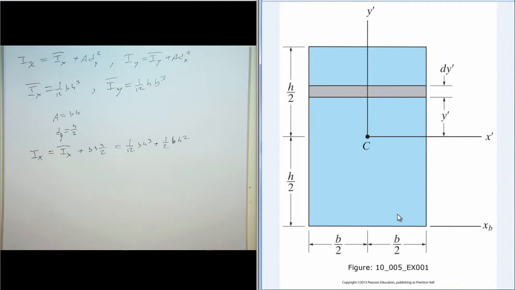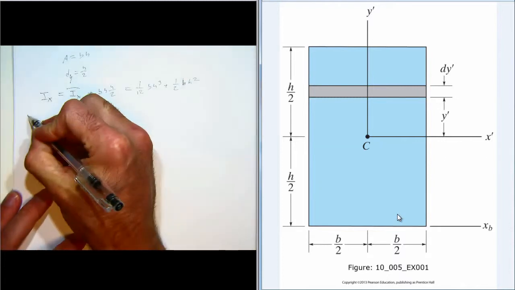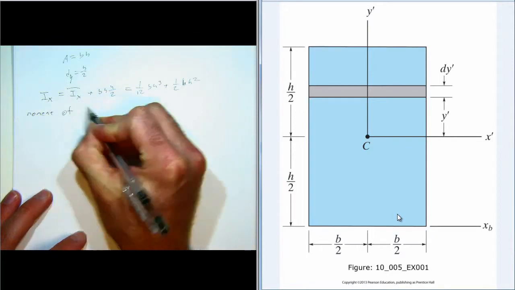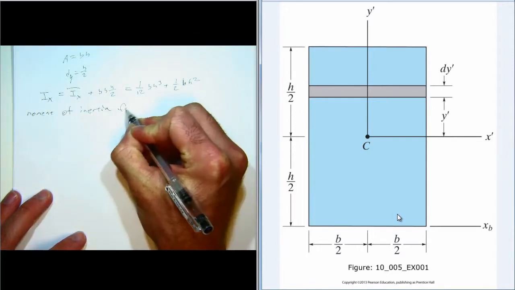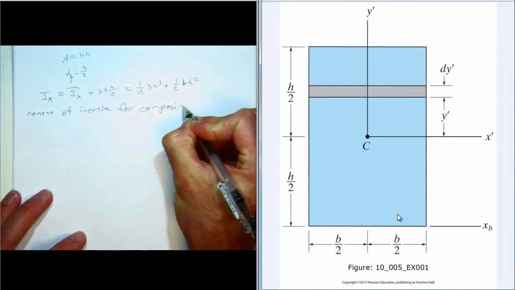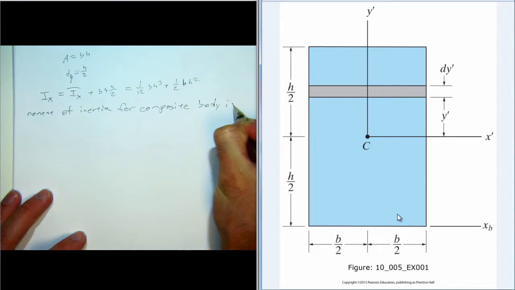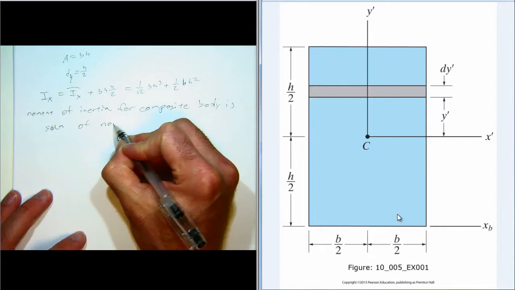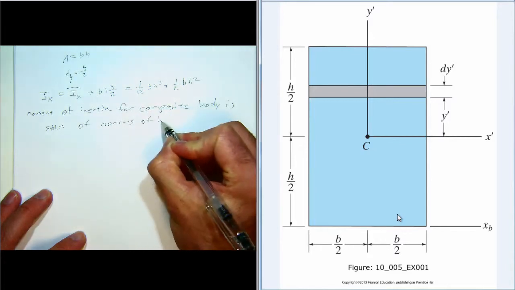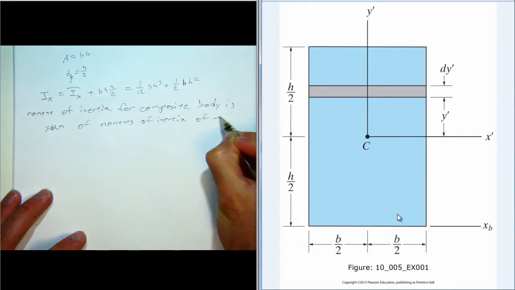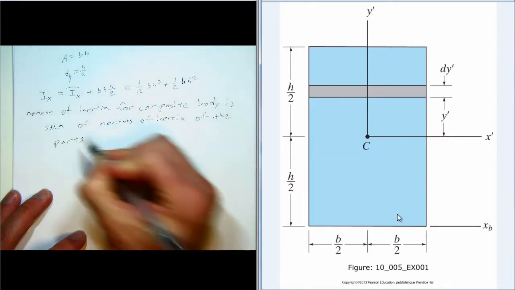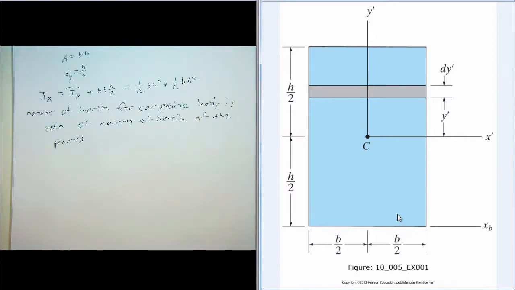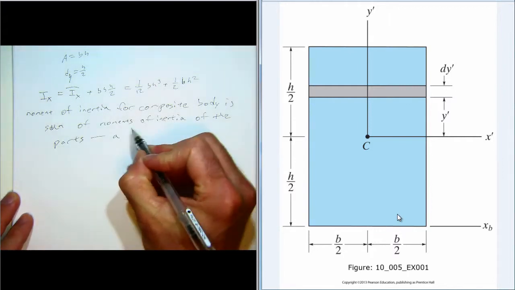And the moment of inertia for a composite body is the sum of the moments of the parts, and those moments of inertia are all about the same axis.